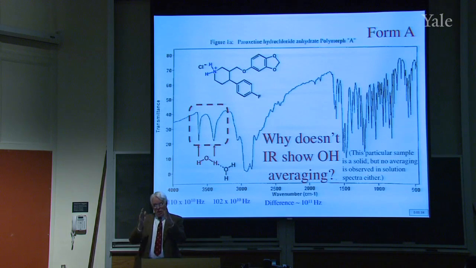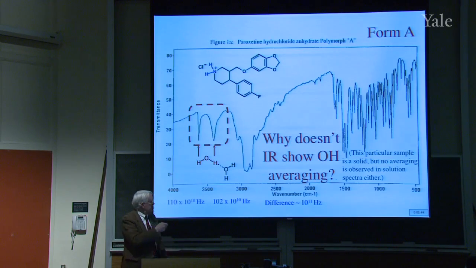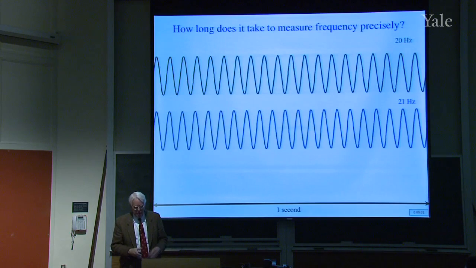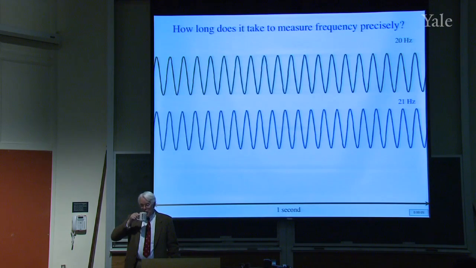Whereas the difference we were looking at in the alcohol things were 100 hertz or a few hundred hertz at most, okay? So this is a much bigger frequency difference here in IR than it was in NMR. Now, what does that have to do with anything? How long does it take to measure a frequency precisely? How long is long for purposes of an average?